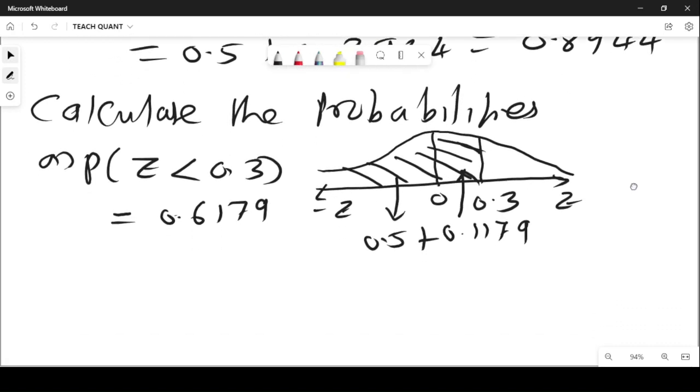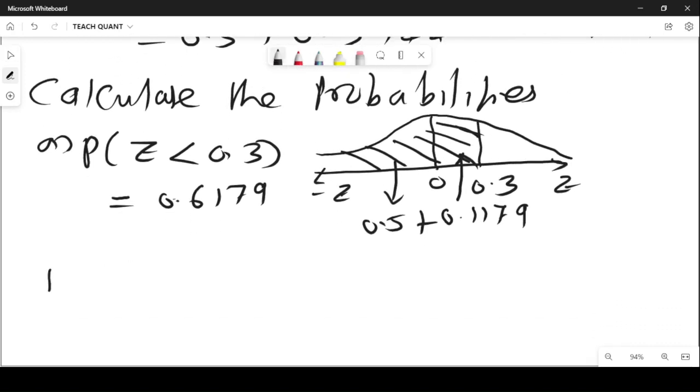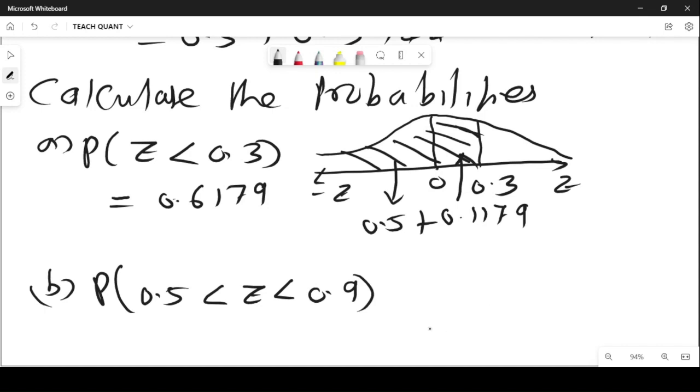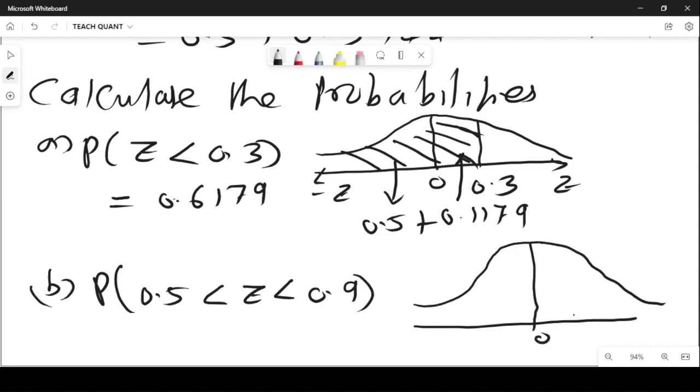And the final one that we would want to consider, which I didn't do, is if I want to get the probability between 0.5 and 0.9. So again, you sketch your graph and see where the values will fall. And then this is 0.5 and this is 0.9. So I'm interested in the area between these two.